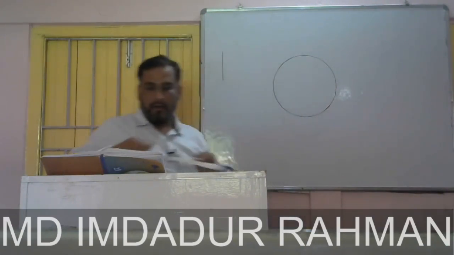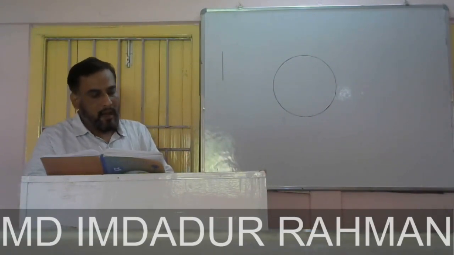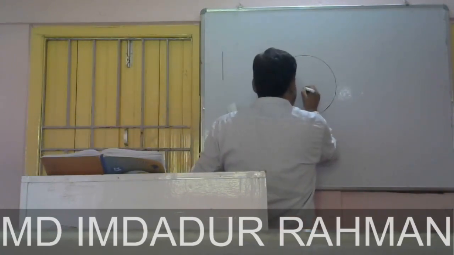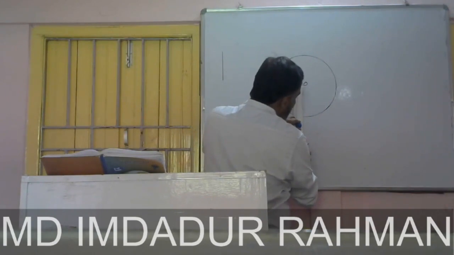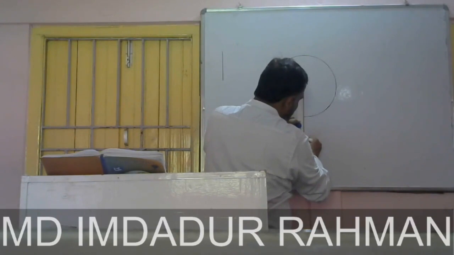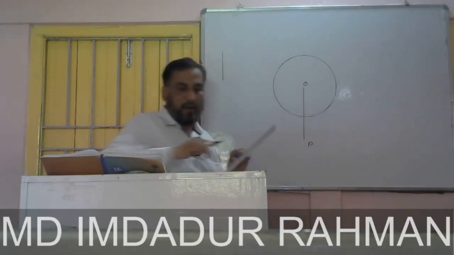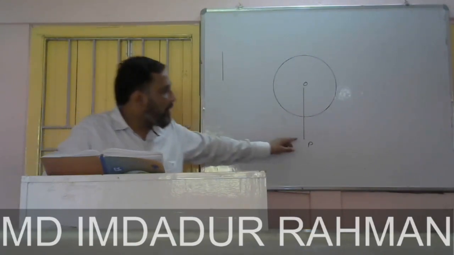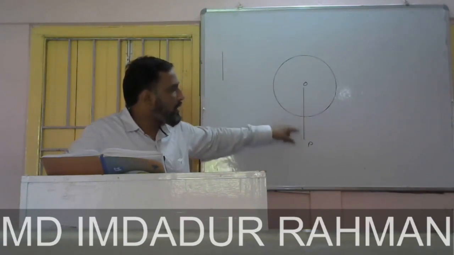This circle of radius 6 cm. This is center O. Now 10 centimeters away from the center, we have given a point P and OP is joined.